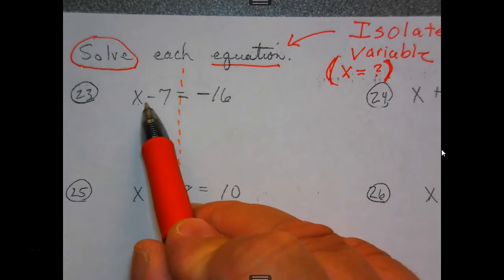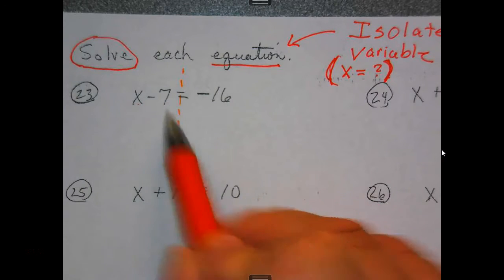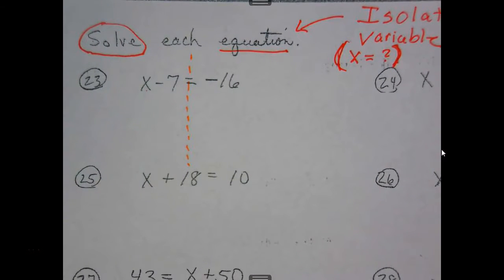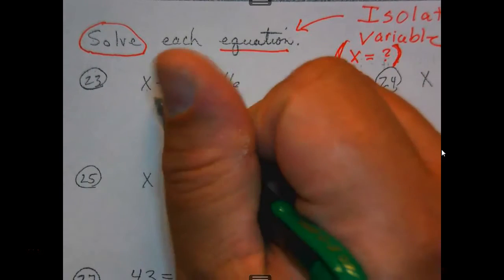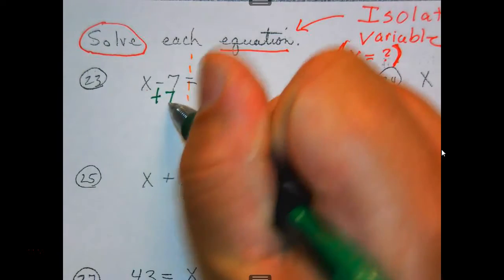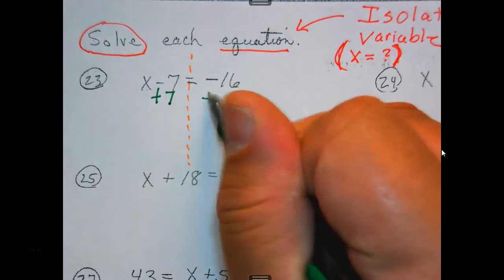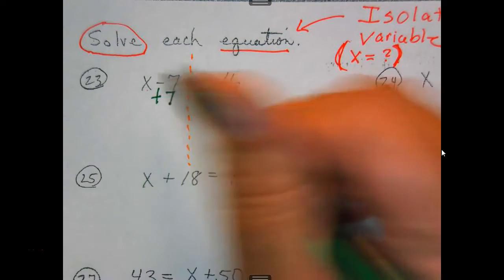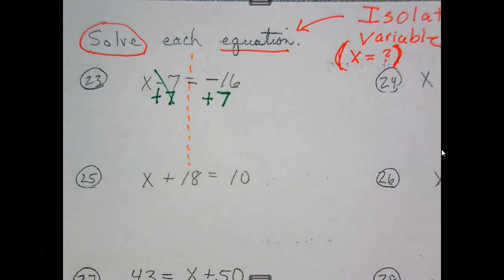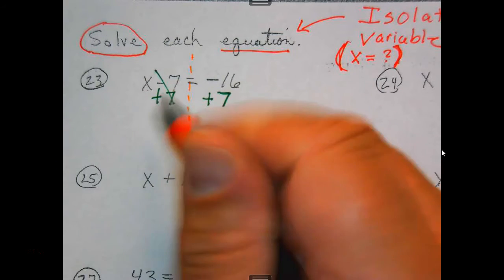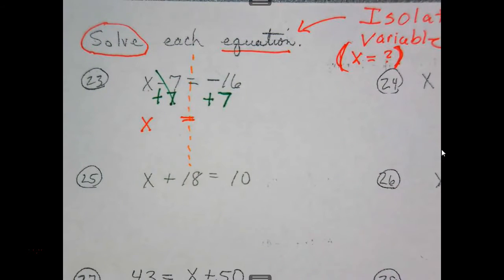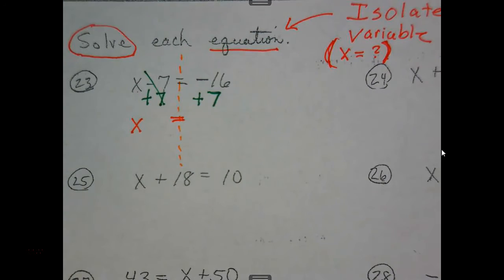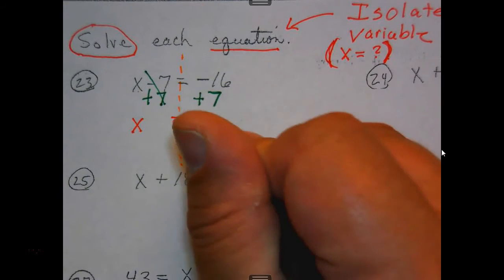Now I want to get x by itself. I have x's only on one side of the equation here, so let me get that constant over on the other side. I have to undo the minus 7, so I have to add 7. Now if you do remember, whatever I do to one side, I have to do to the other. These add up to 0. Now I have something to bring down, so I don't need to put the 0 there. So I have x, bring down my equal sign, negative 16 plus 7, negative 9.